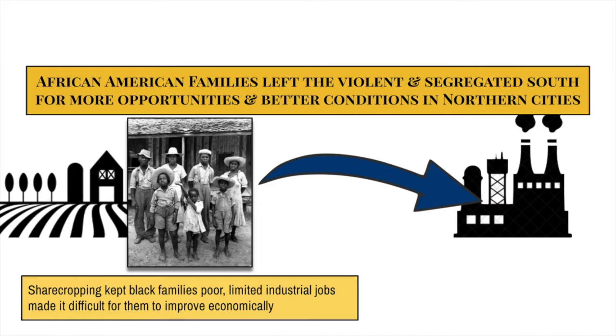There's not much industry in the South. There aren't factories popping up all over the place offering lots of jobs. So moving up economically and socially in the South was very, very challenging for Black families. So what many of them did was to leave to go to northern cities like Detroit, Chicago, Cleveland, Pittsburgh, and New York to find those opportunities. We're going to talk more about that population shift, but I wanted to mention it here.